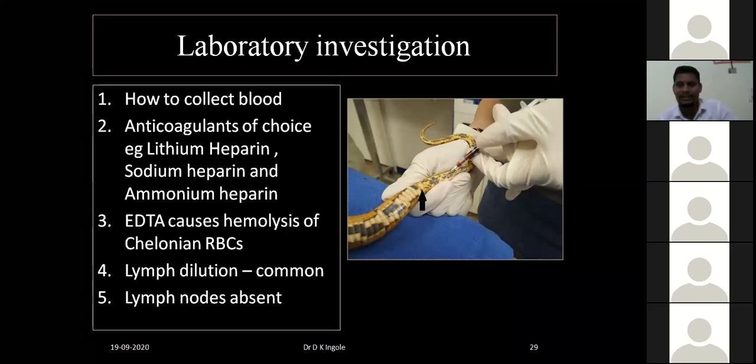In reptiles, lymph nodes are absent, but lymphatic vasculature is more highly developed than the venous vasculature. So whenever we are pricking, out of 10 times, one time you will get the blood. So this lymph dilution is very common. That's why the color looks bluish, but actually the color is only red.